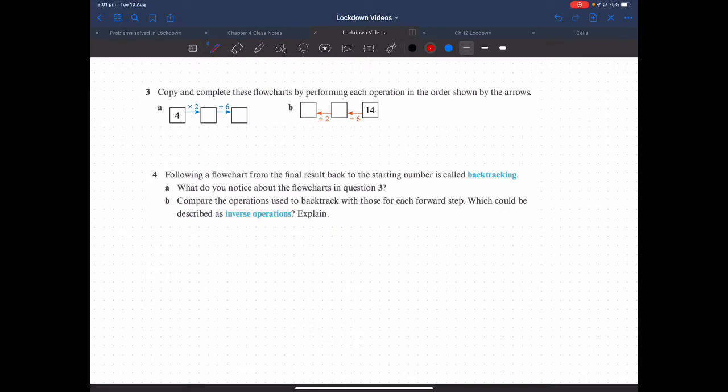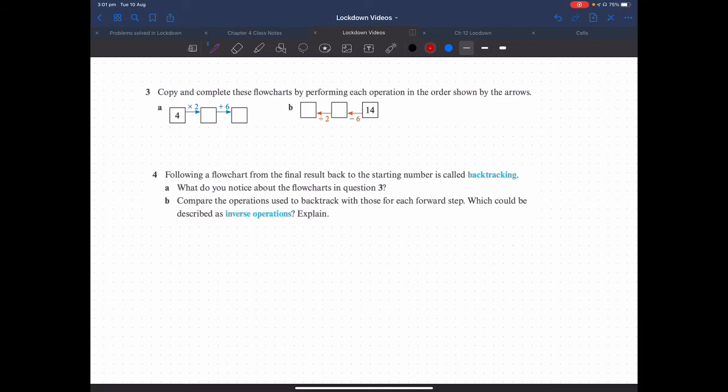Question 3 says, copy and complete these flowcharts by performing each operation in the order shown by the arrows. Part A, we start off with a 4 in the first box and the arrow points to a blank box, and above the arrow it says times 2.